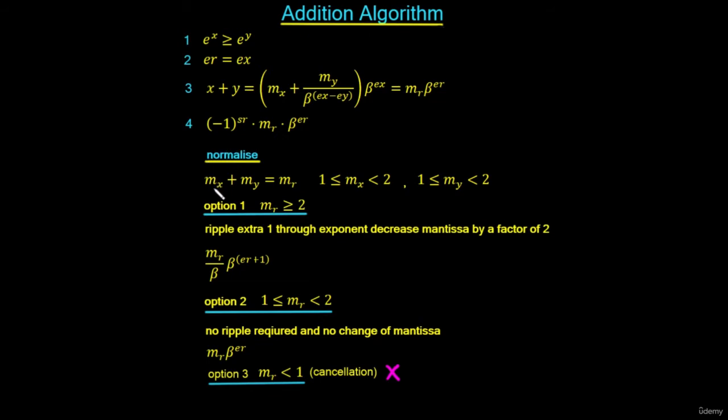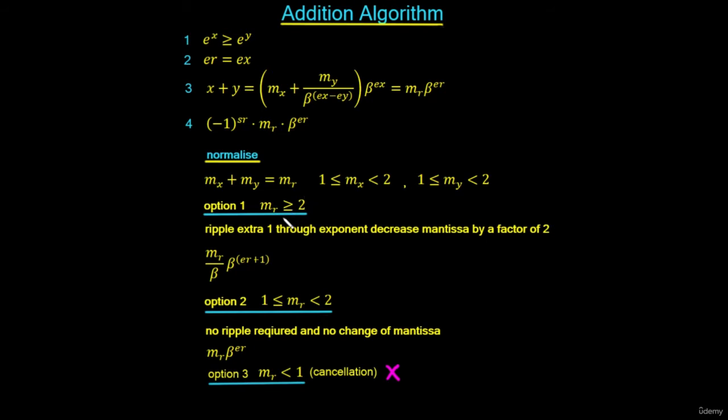Now we know that the mantissa for x is going to be a number that's greater than or equal to 1 and less than 2. The mantissa for y is a number that's greater than or equal to 1 and less than 2. So we're going to have 3 options whenever we add these numbers together. Option 1 is where the mantissa of the result is a number greater than or equal to 2.